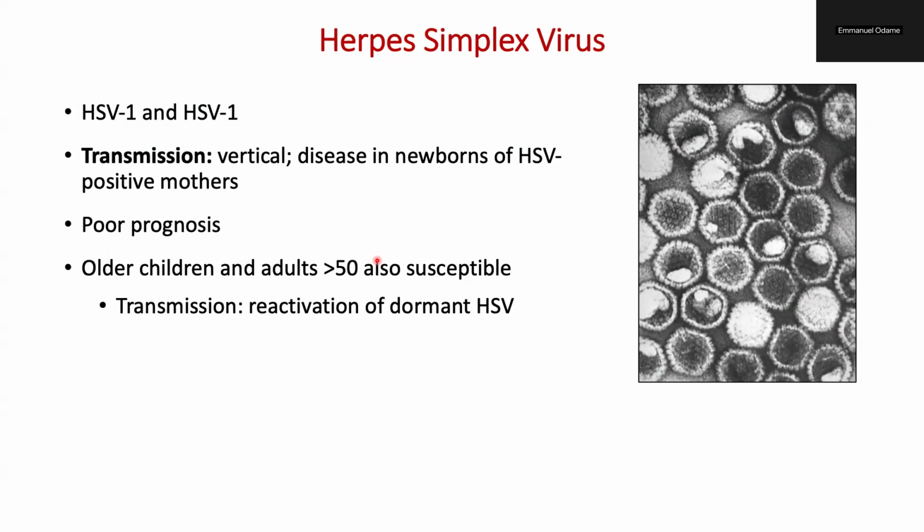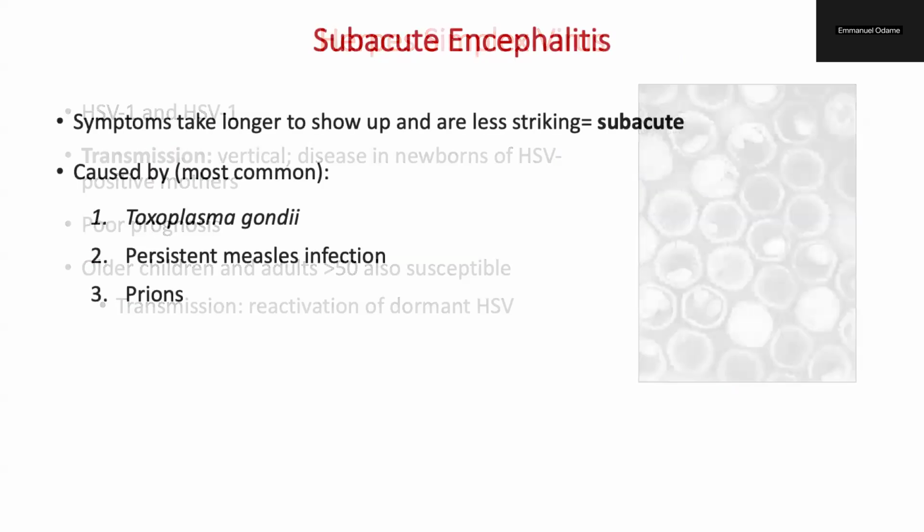There's also poor prognosis for this disease, and older children and adults, who are mostly older than 50 years of age, are also susceptible. Their transmission is through reactivation of the dormant HSV, which is already present.